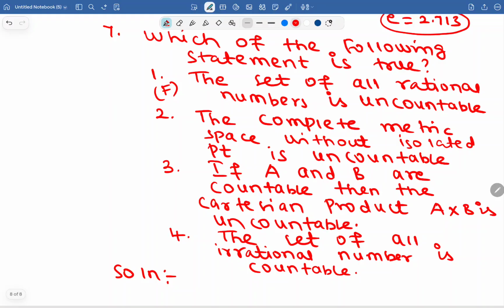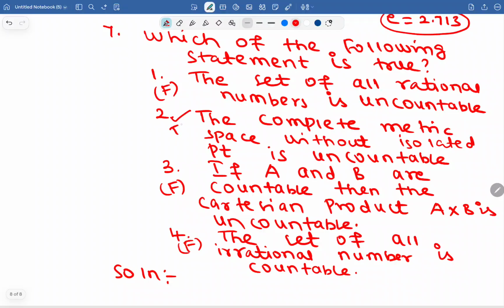We know very well, set of all irrational number is uncountable. This one, false statement. See the third one, if A and B are countable, then the Cartesian product A cross B is uncountable. Well-known result, if A and B are countable, then the Cartesian product A cross B is also countable. Third one is false statement.